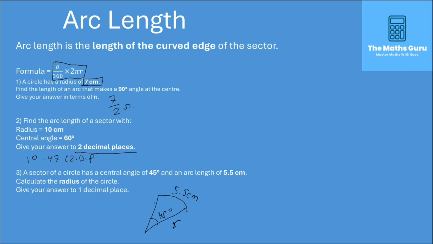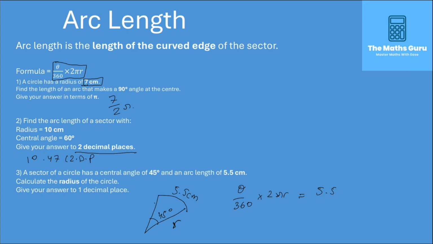From this, we know that the question is to do with arc length, and we know our formula for arc length is theta over 360 times 2 pi r. From this formula, we have our central angle and our radius, and in this case, our answer is going to be equal to 5.5, because that's what they tell us in the question.